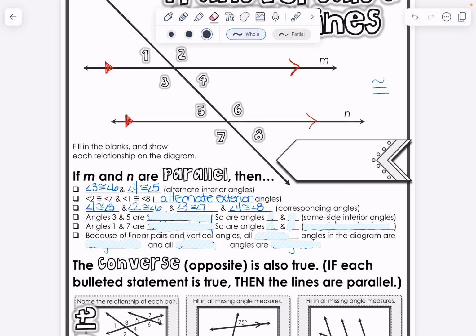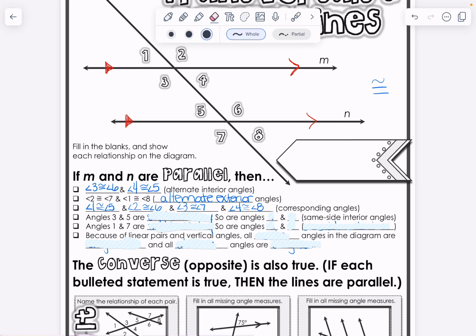Our same side interior angles also have relationships now that M and N are parallel. When we look at same side interior, remember we're inside the parallel lines, on the same side of the transversal, like angle 3 and angle 5.